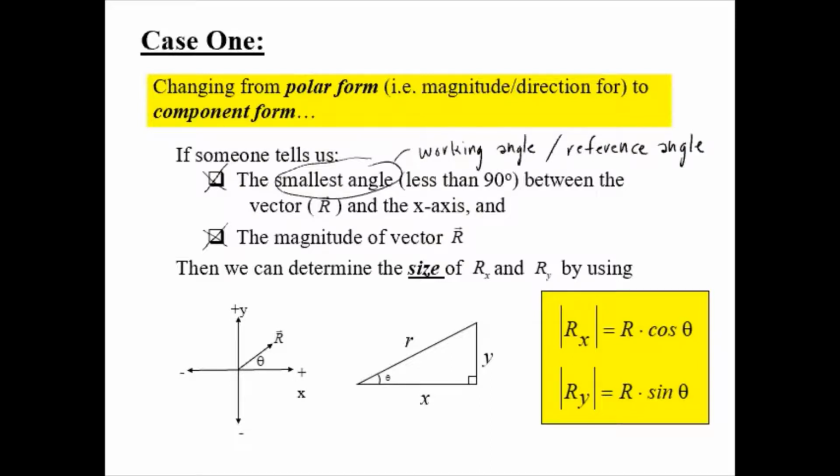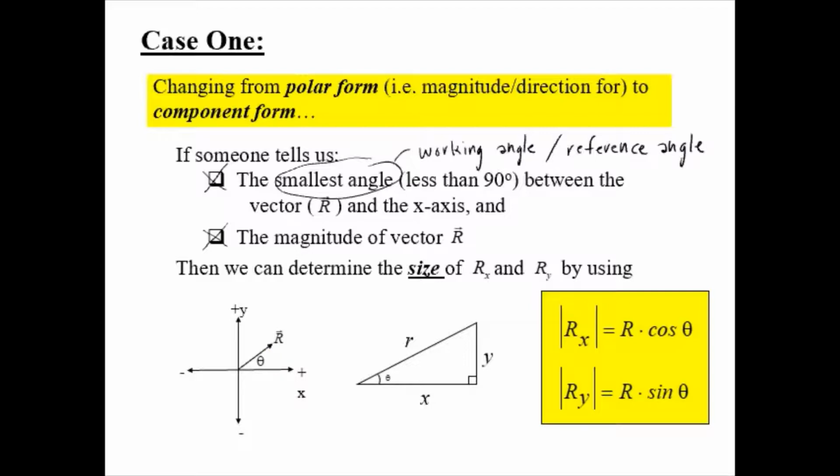So if I take my pencil and put it on vector r, and I just take the quickest route to the x-axis, like that, that's the working angle. We usually use the small Greek letter theta to represent an unknown angle. So again, if I put my pencil on vector r and take the quickest route to the x-axis, that's the angle I want.